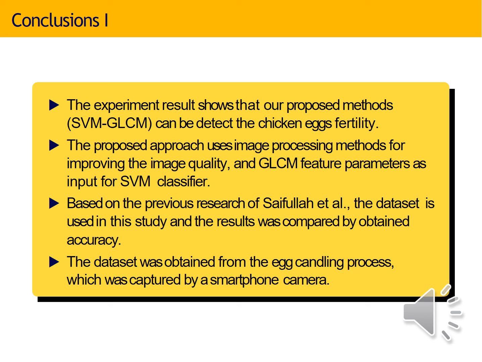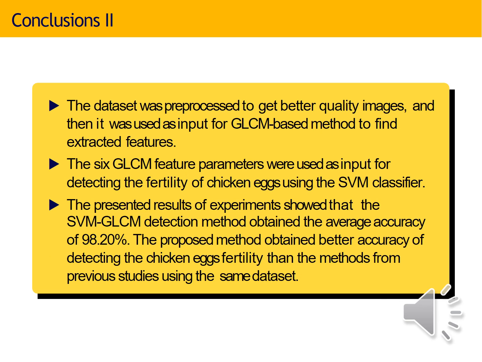The dataset was obtained from a scanning process, captured by a smartphone camera. The dataset was pre-processed to get better quality images, and then it was used as input for the GLCM-based method for feature extraction.